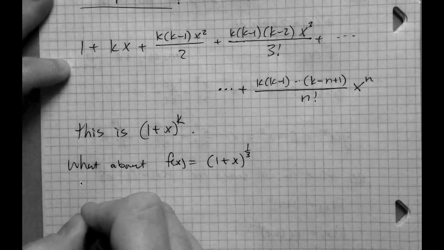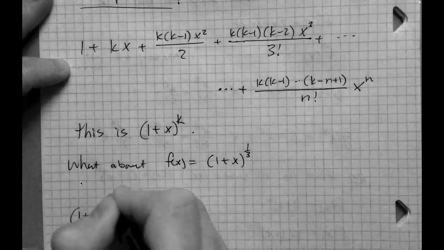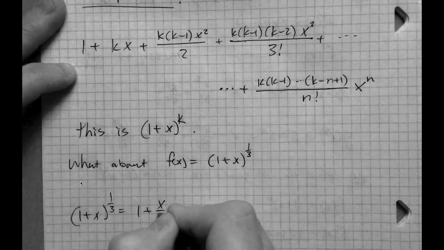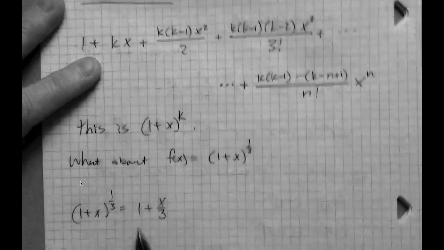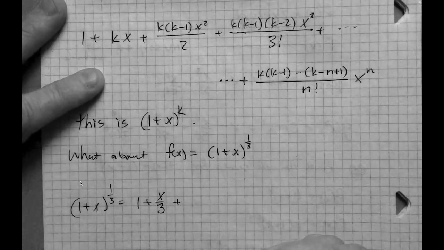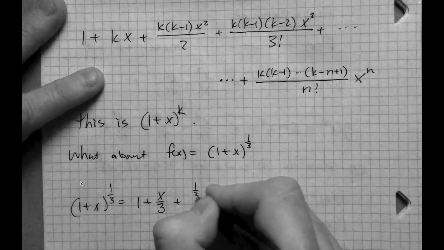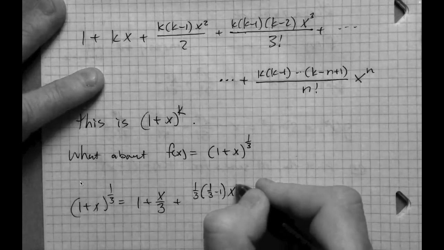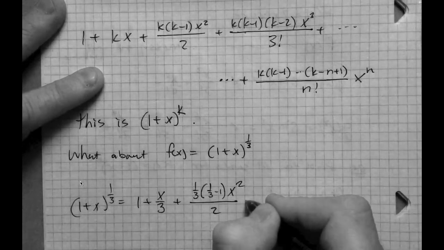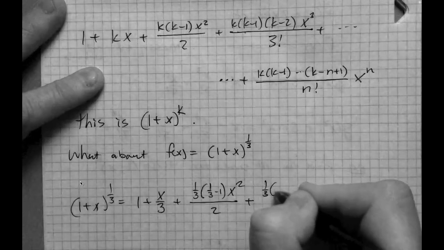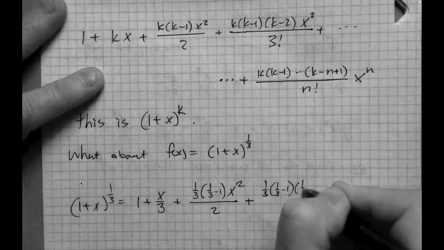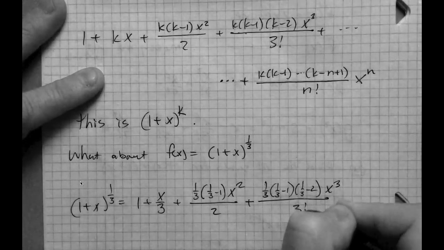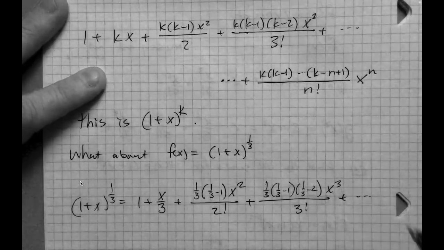So 1 plus x to the 1/3 is going to equal 1 plus x over 3. That's 1/3 times x. And now, you do have to do a little bit of work here. So it'd be 1/3 times 1/3 minus 1 times x squared over 2, and then plus 1/3 times 1/3 minus 1 times 1/3 minus 2 x cubed over 3 factorial, and so on.